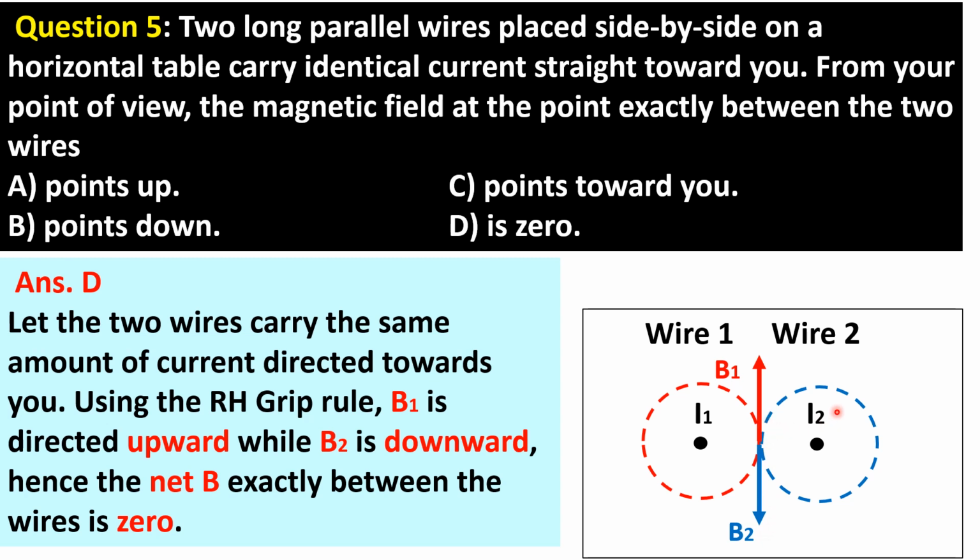So, if the amount of current for each, I1 and I2, is equal, and that point at the very center is equally distant from either wire, then we can generalize that the magnetic fields B1 and B2 are equal in magnitude but exactly opposite in direction, and therefore the total magnetic field must be equal to 0. That's why our answer is letter D.